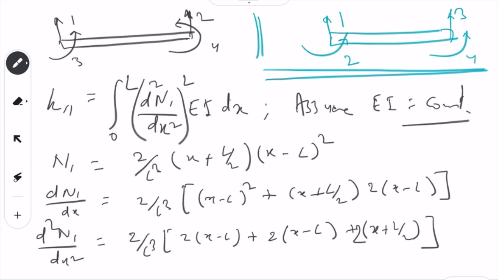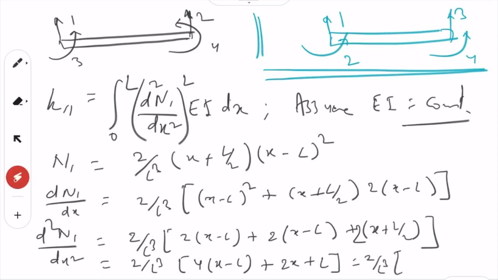Okay. So, what do we get? We get this is equal to 2 over L cube, and we get 4 times x minus L plus 2x plus L. So, 2 over L cube and 4x plus 2x is 6x.